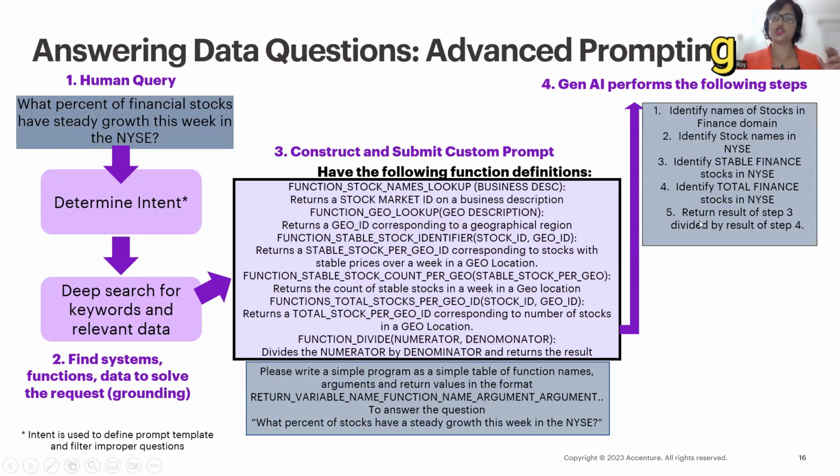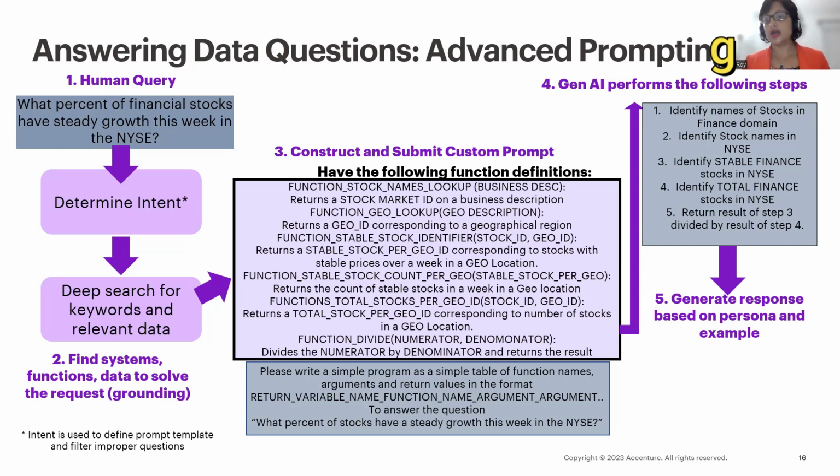And the last one is just going to do a numerator divided by denominator in order to give you the percentage. And finally, the response is formatted in the format the user has asked. So if you just want the number, that's how the response is going to get returned back to you based off of the persona that you have already constructed in the prompt's preamble.